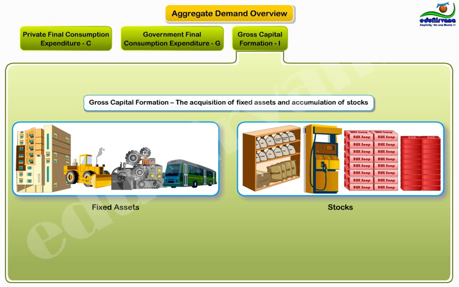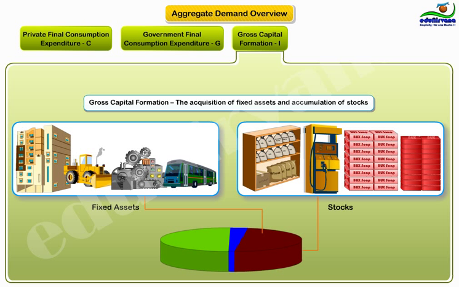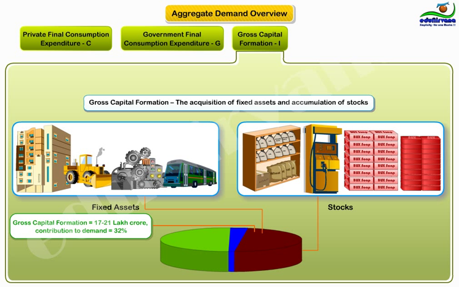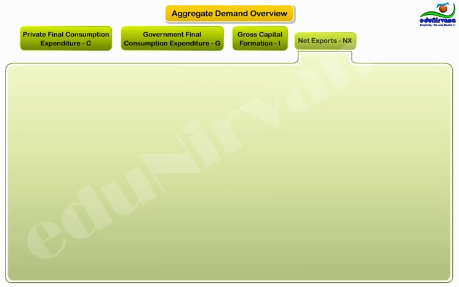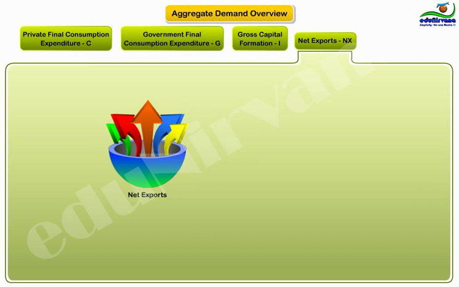The total contribution of gross capital formation, that is investment, in total expenditure in the Indian economy is around 17 to 21 lakh crore rupees in the last few years, which forms around 32% of total expenditure in the economy. Net exports, NX, is exports minus imports.